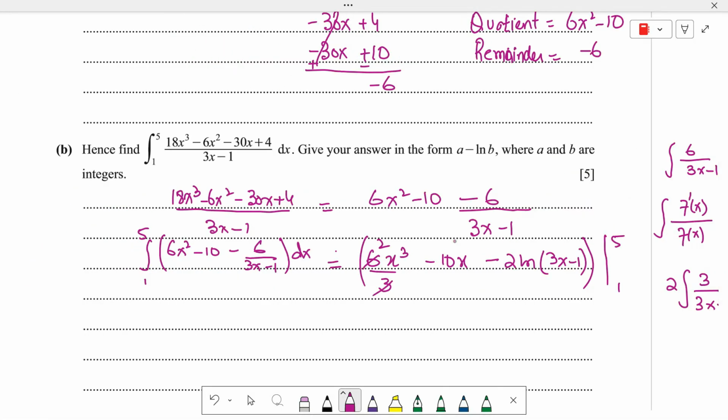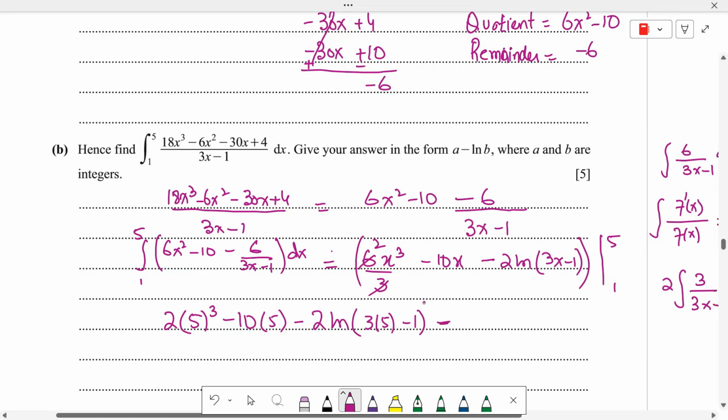Now plug the upper limit first. 2 times x cube means 2 times 5 cube, minus 10 times x means 10 times 5, minus 2 ln 3x minus 1 means 3 times 5 minus 1.